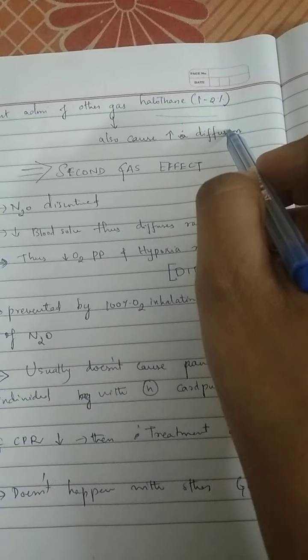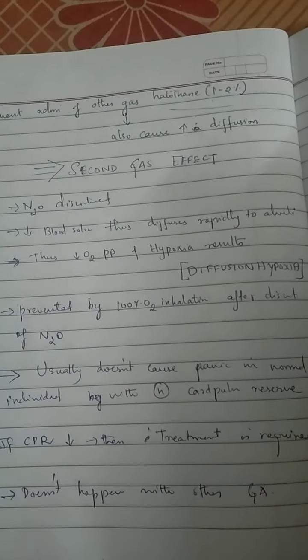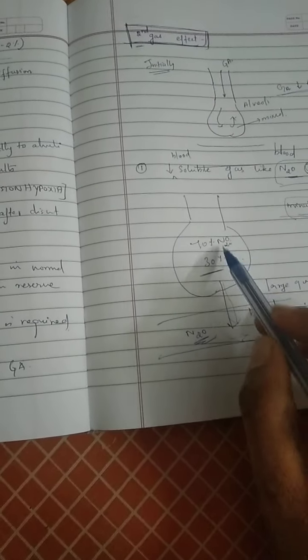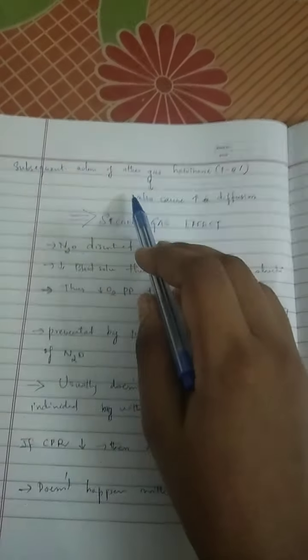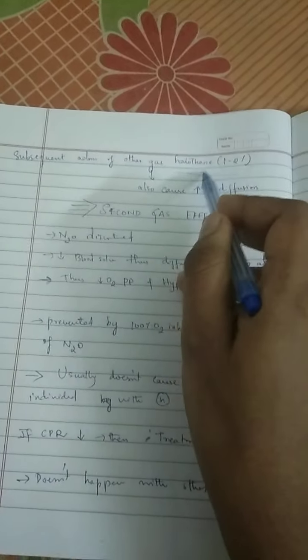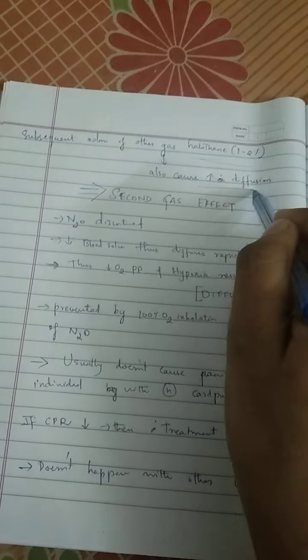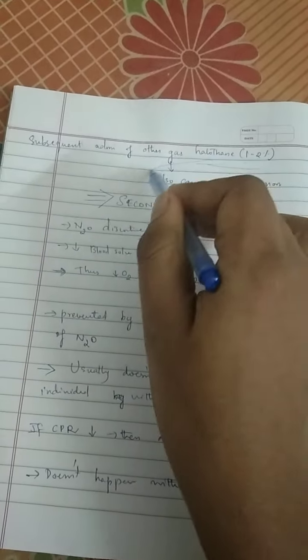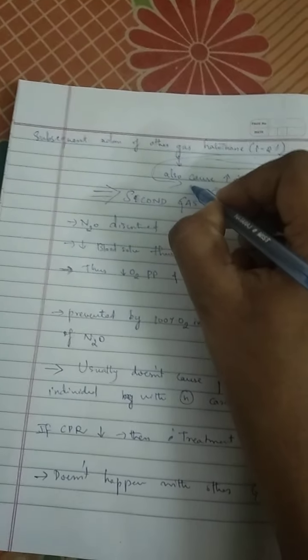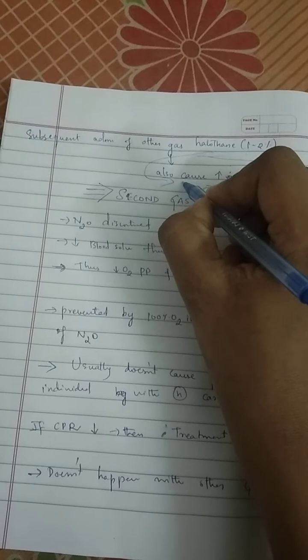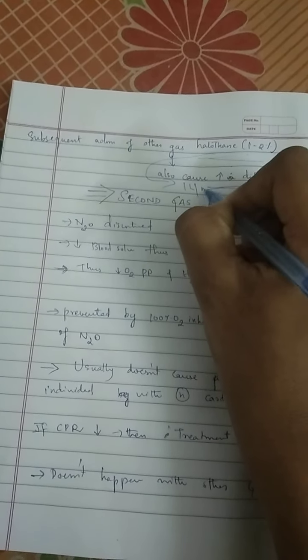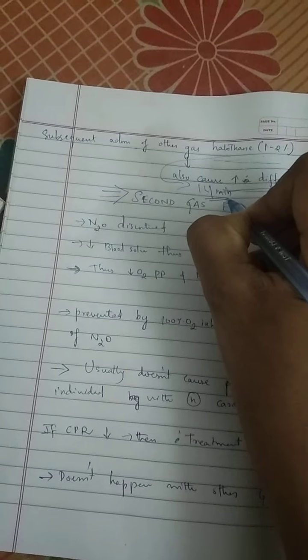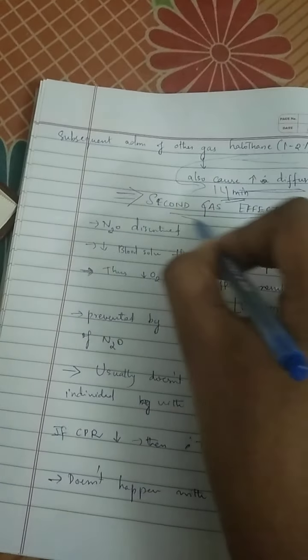Because you have before given 70 to 80% concentration of N2O, subsequent administration of another gas like halothane also causes an increase in the diffusion. So this halothane is also sucked up by the blood up to like 1 liter per minute, right? So this is what is called the second gas effect.